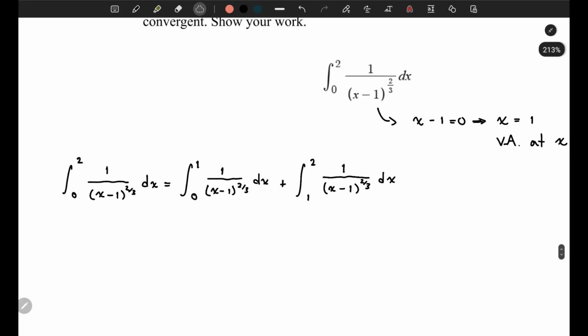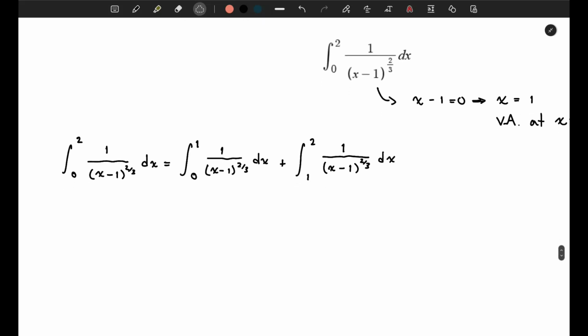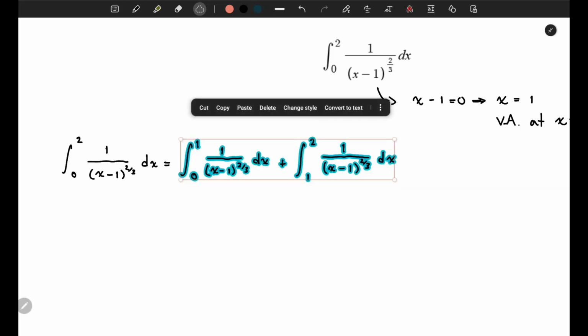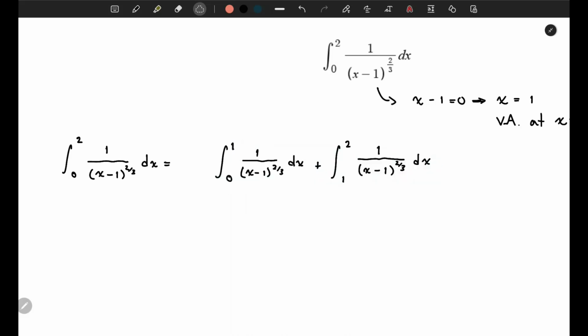And so now we have to do the same thing we did in improper integrals type 1, and rewrite our infinity or our discontinuous point, in this case 1, as t. So let's rewrite this as the limit as t approaches 1 from the left side.